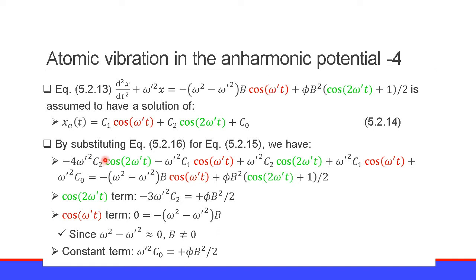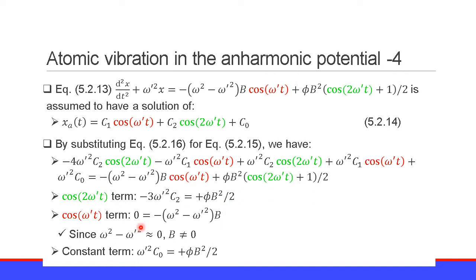Then we substitute this assumed solution into 5-13. We have these equations, and we compare the factors of the cosine 2 omega prime t term. Then minus 3 omega prime squared C2 is equal to plus phi b squared over 2.